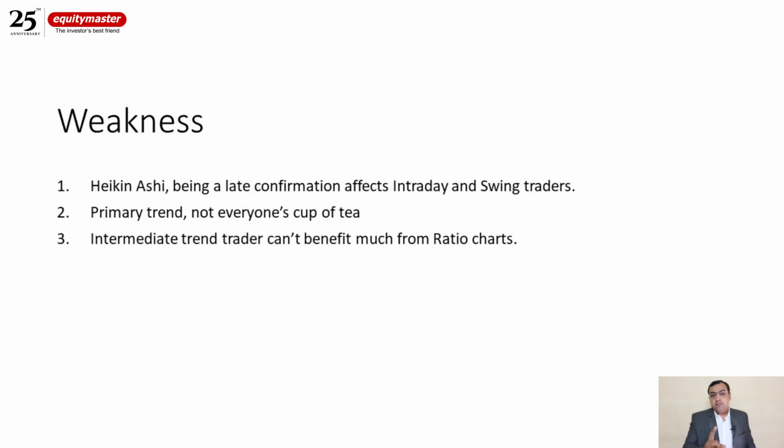But I would say try to take one primary trend, try to ride this trend, and definitely your mindset will change. Third, an intermediate trend trader can't benefit much from the ratio chart, so you need to keep in mind, if you are an intraday trader, the ratio charts won't help you much.